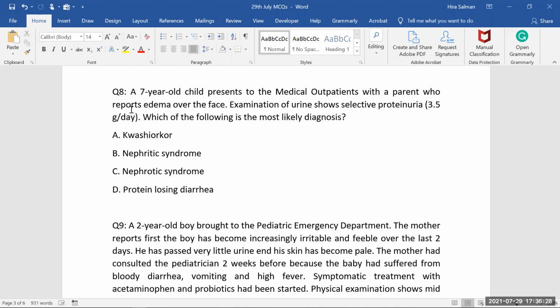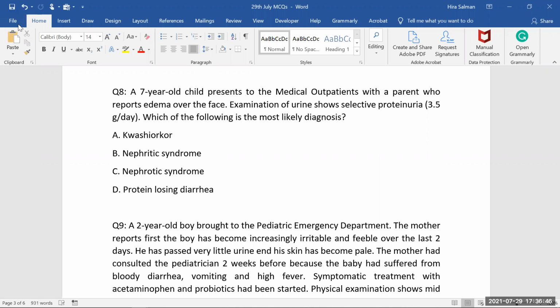If it's less than 3.5, then we may think about something else, any glomerular infection. But if it's clearly mentioned that proteinuria is 3.5 or more, always think about nephrotic syndrome, because this is massive proteinuria. Now, which of the following is the most likely diagnosis?